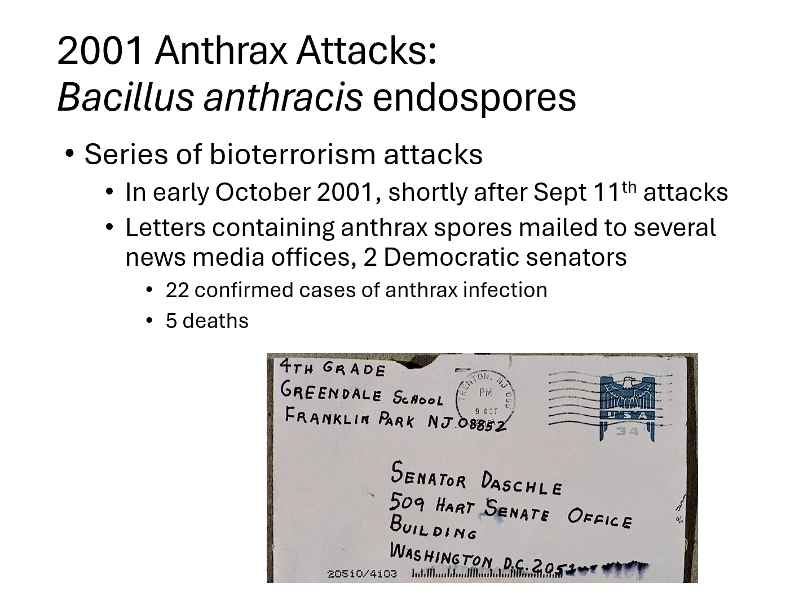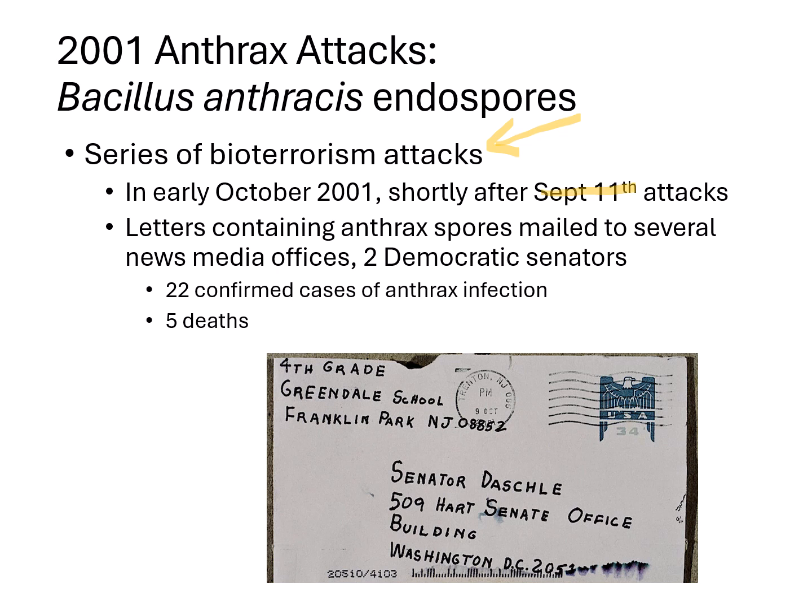So endospore stains are important in identifying certain bacteria, such as Bacillus. Bacillus anthracis, which causes anthrax, is of particular interest because its endospores can be used as a bioterrorism agent. And in fact, there were a series of bioterrorism attacks caused by these anthrax spores in 2001, right after September 11th.